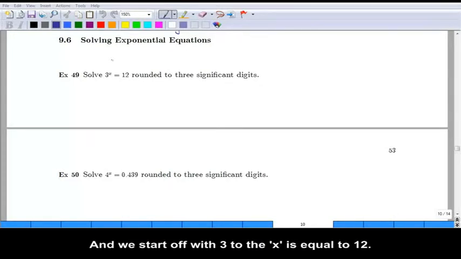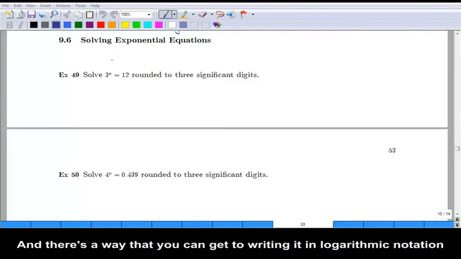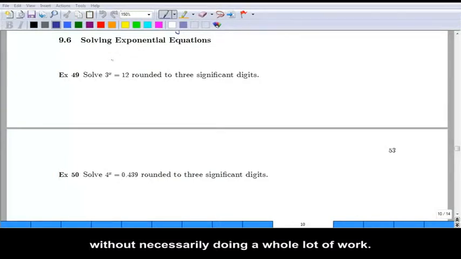And we start off with 3 to the x is equal to 12. Now, you've got a couple of options here. You can rewrite this in logarithmic notation, and there's a way that you can get to writing it in logarithmic notation without necessarily doing a whole lot of work.